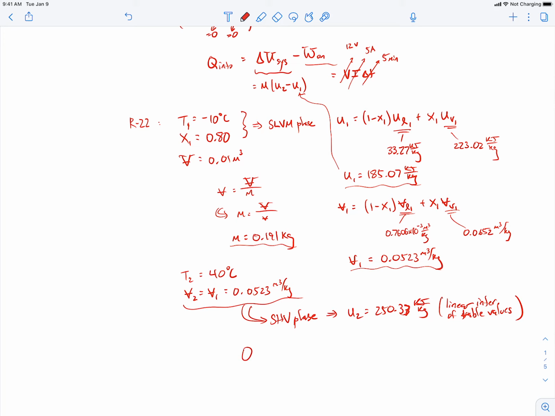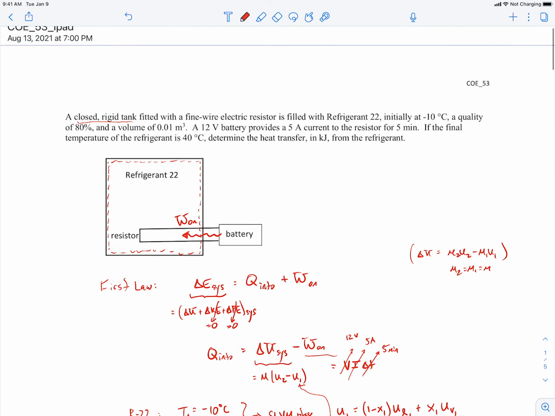If you plug the numbers in, let me clean that up a bit. The Q into comes out to be minus 5.54 kilojoules. Let me just double check that I got the numbers correct. Yeah, that looks correct. Since it's negative, it means that there's heat transfer out of this container.